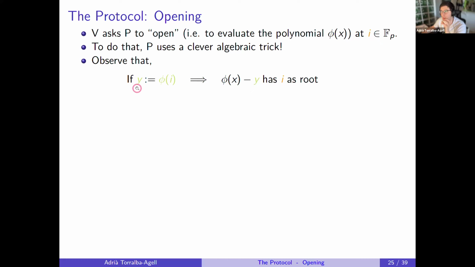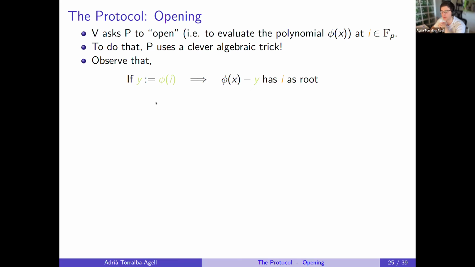If we define y as phi of i, then observe that phi of x minus y has i as a root. Is this clear? Because this is the basis for the opening phase.